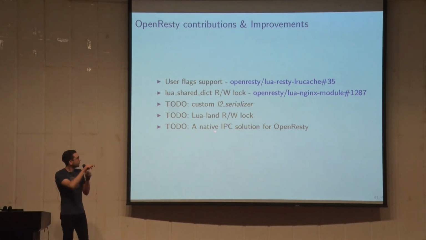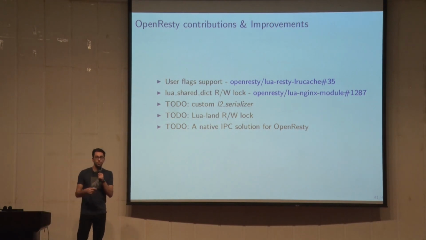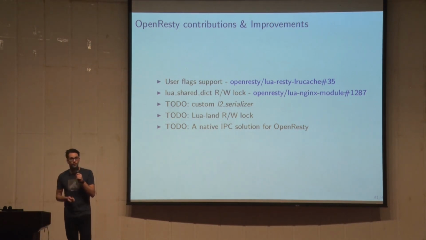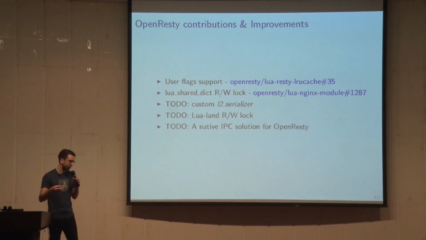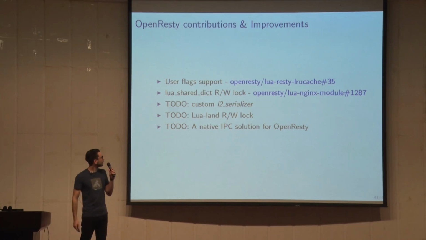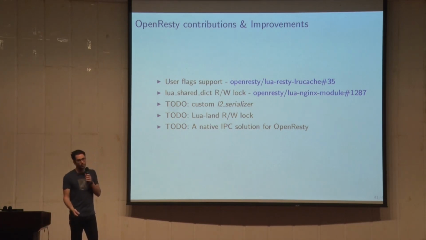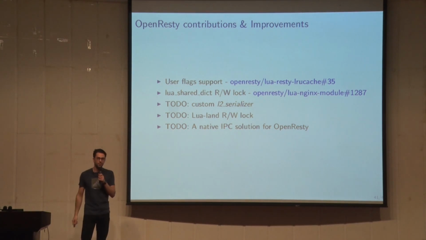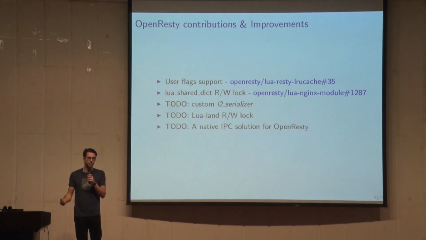A Lua read-write lock for the mutex will be very, very helpful as well, especially in deployments of OpenResty instances with a lot of workers. And we have the need, I think it's not new, for a native inter-process communication mechanism within OpenResty, and there are some plans around it. So once we have that, the cache invalidation would be very neat. It's ready to be improved already.